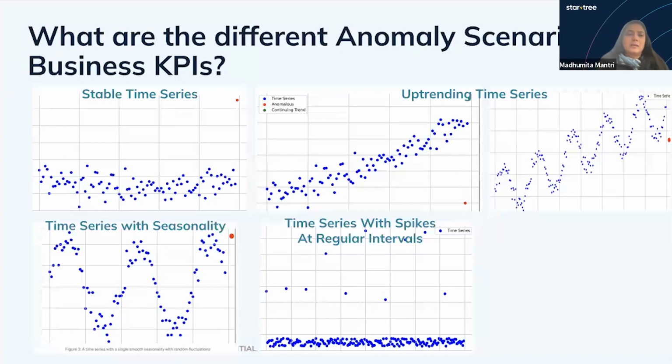To summarize, what the real business problems could be, how you would monitor them, why anomalous events are important, and what kind of challenges you see identifying an anomaly in this space, because the nature of business KPIs could be very different when it comes to stable versus uptrending versus spikes and drops or seasonality. And with all these challenges, how you can be good at finding the real issues as soon as possible.